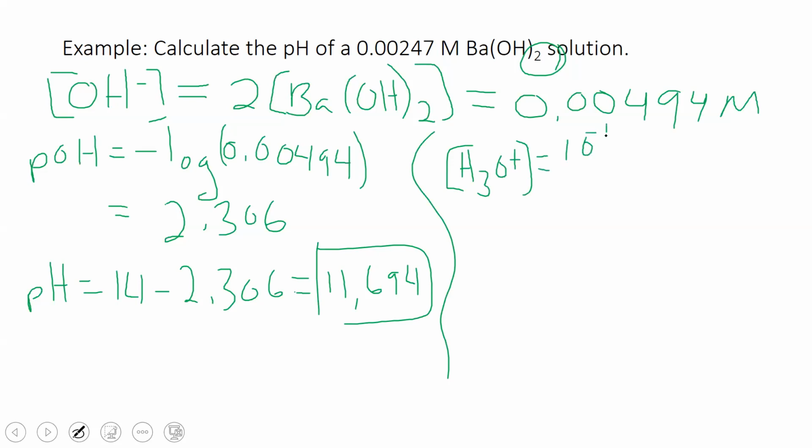So 10 to the minus 14 for Kw divided by 0.00494 gives you a value of 2.02 times 10 to the minus 12 molar.